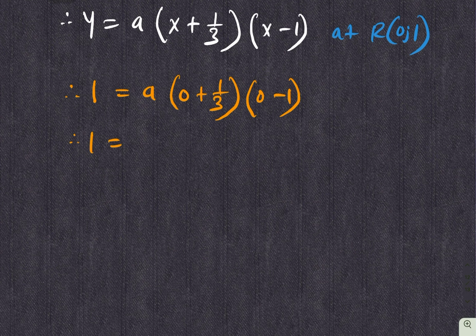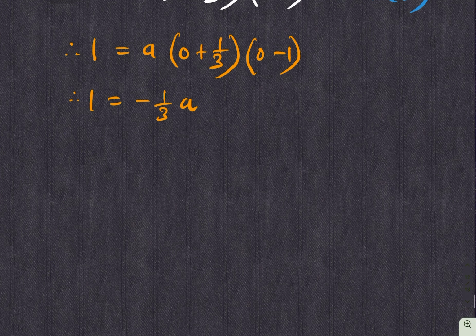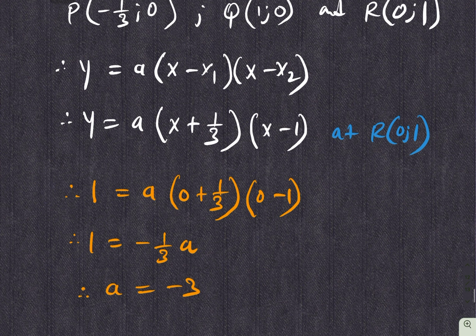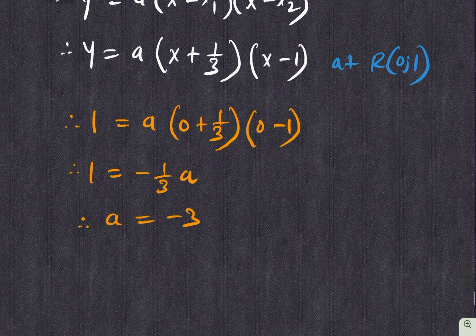Here you get a times -1, so it's -1/3a. Therefore, divide by -1/3 or multiply by -3, you get a equals -3. That is a. So you need to plug your a back in here and expand it.